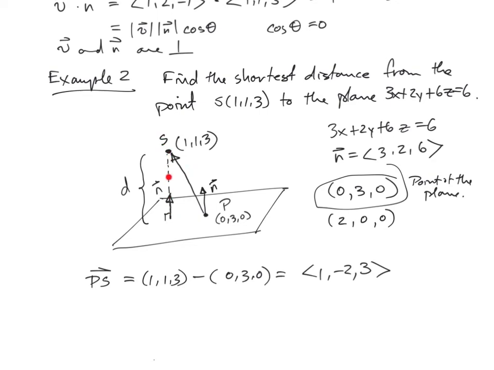The length of that shadow is going to be the distance d that I'm looking for. So all I have to do is find the projection of this vector PS onto the vector n, because n is on this line. So d is simply going to be the absolute value of the projection, PS dot n hat. That gives me the projection.